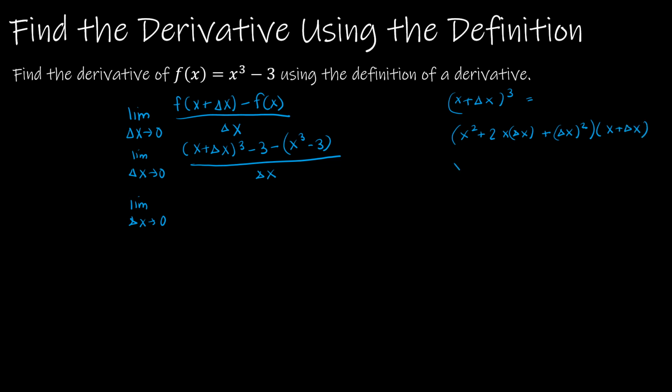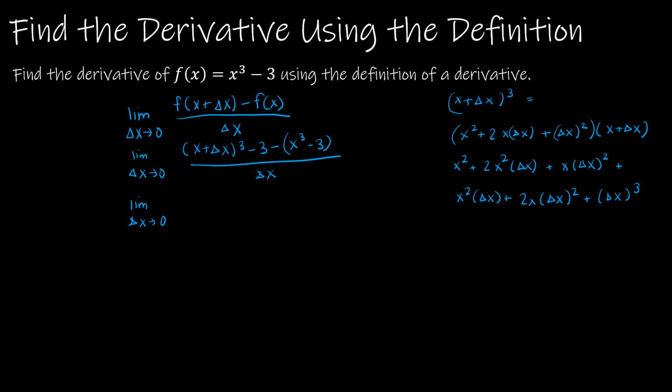So it's going to give me x cubed plus 2x squared delta x plus x delta x squared. And then I'm going to take everything times delta x. So x squared delta x plus 2x delta x squared plus delta x cubed.